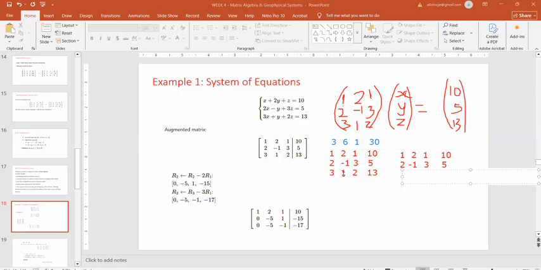So this becomes 3 minus 3, so the row 3 now becomes 0. The next one is 1 minus 6. That is minus 5. The next one is 2 minus 1.